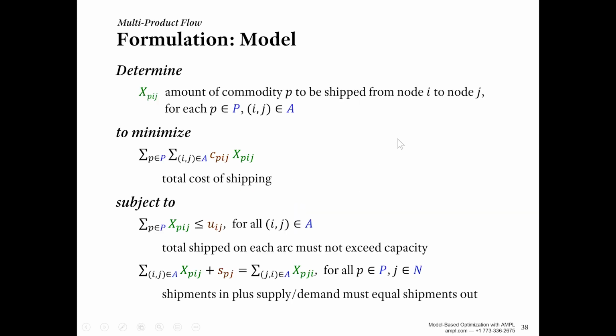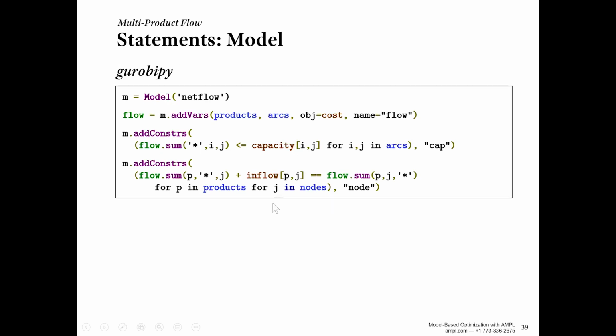And now, what about the model? We've got variables. We've got an objective function. We've got two kinds of constraints. What's that look like? Well, in Gurobi, the idea is that this is Python, but you see that here's flow less than or equal to capacity for each arc. See, it can be done so that it looks like a constraint. Okay?